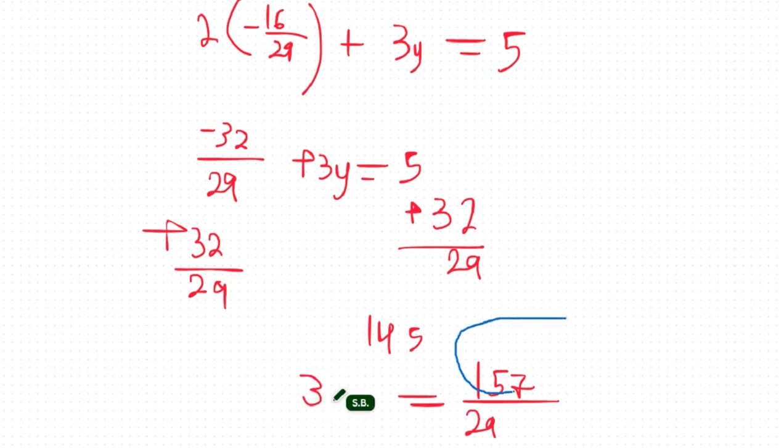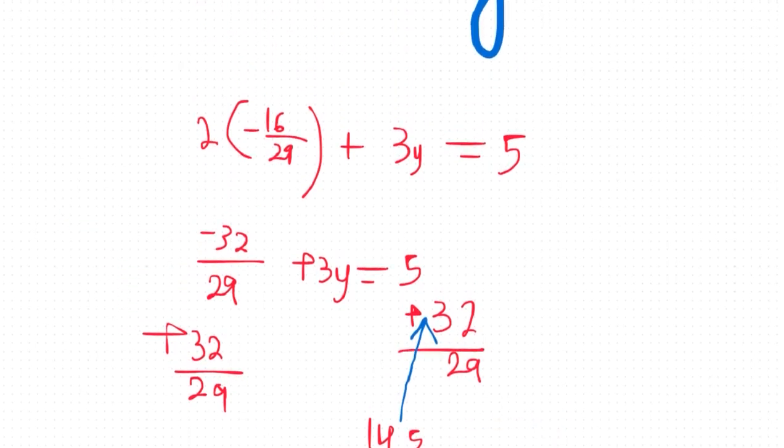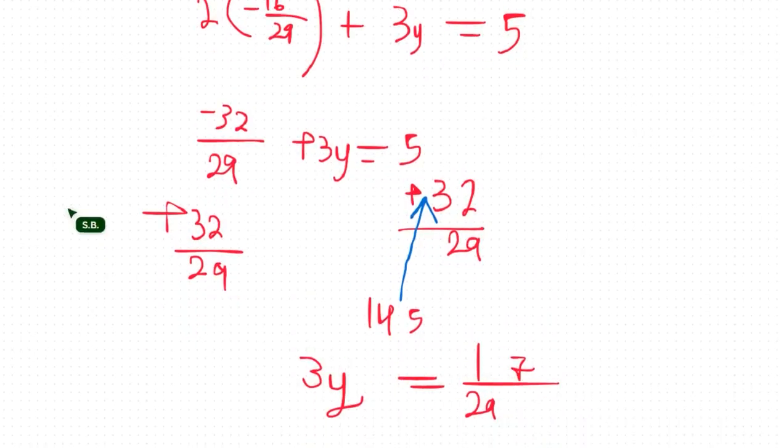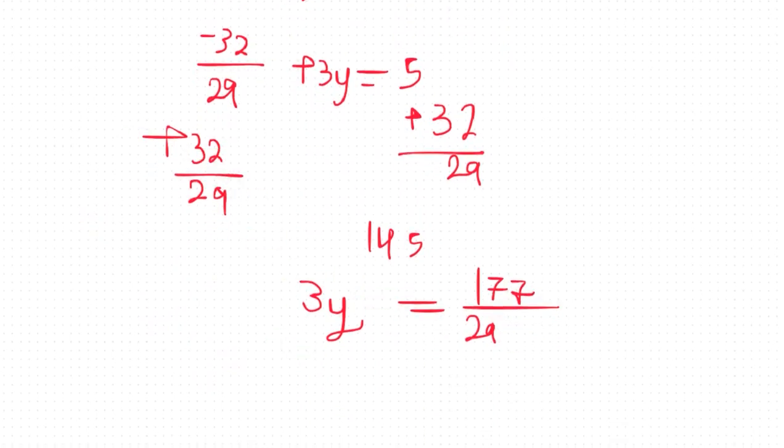Height is 157. 145 plus 32. Wait, 177. Is this divisible by 3? Can you tell me how?